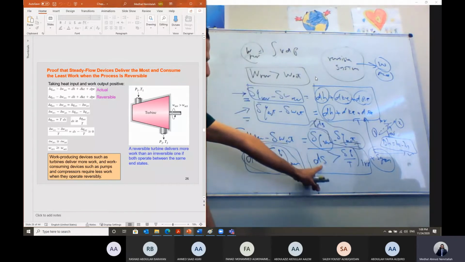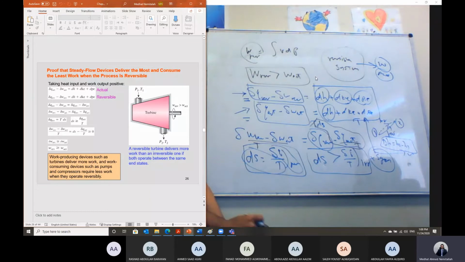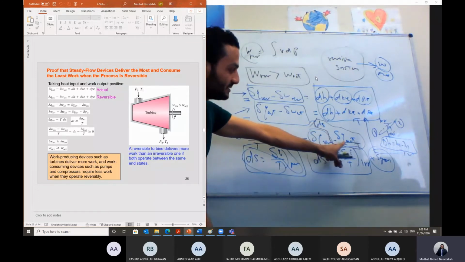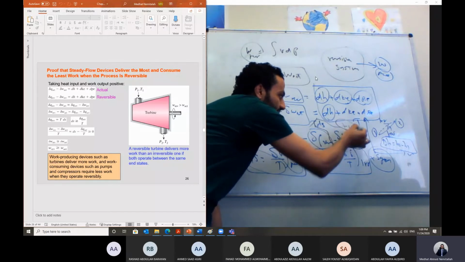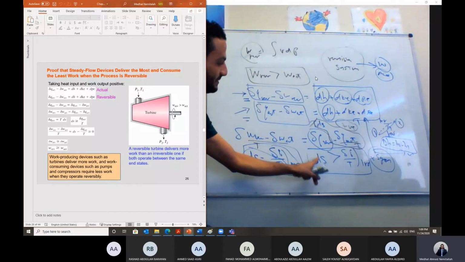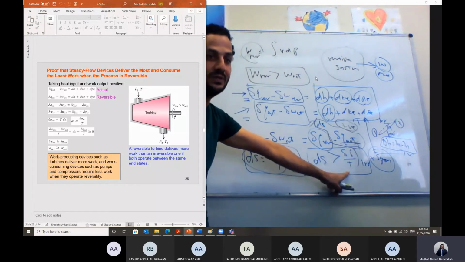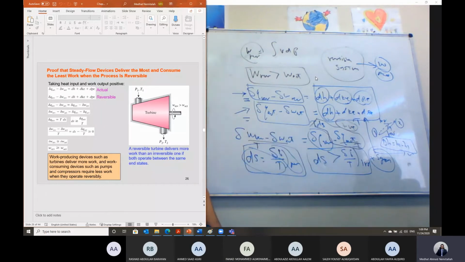We said, based on the second law for an irreversible process, delta S should be greater than delta Q over T. The difference, delta S minus delta Q over T, should be positive or negative? It should be a positive value, because delta S is greater than delta Q over T in the case of the actual or irreversible process.